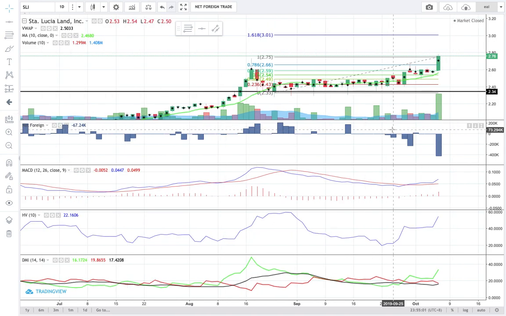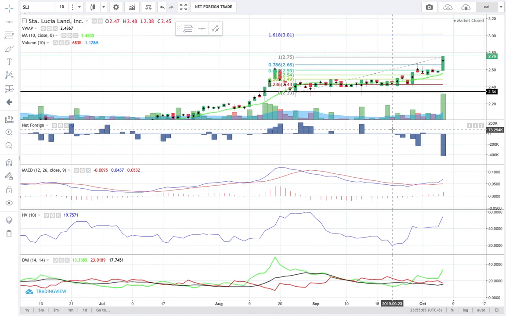If you still have SLI, you can add more shares within the dominant range. If you don't have SLI, I suggest that you calculate your reward to risk ratio first, but just by looking at this chart, I can tell that the last price is closer to the support than the immediate resistance.